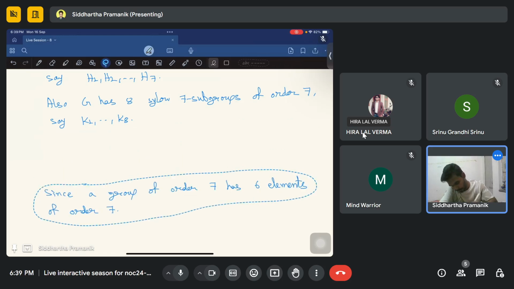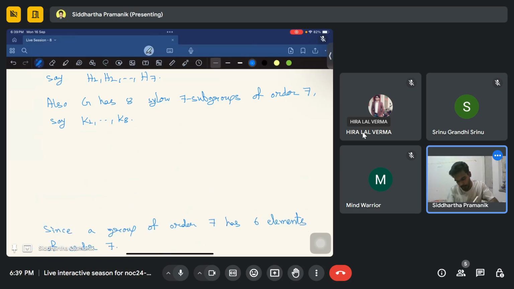So this K1, K2, up to K8 all are groups of order 7. So what can you say about the intersection? What is the order of their intersection? Can you say? So let's say K1 and K2.